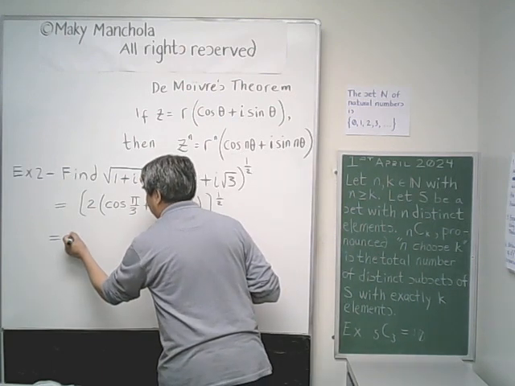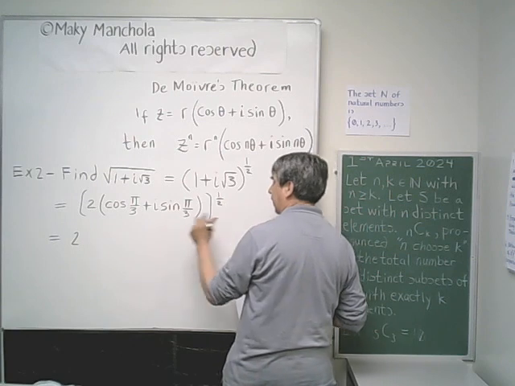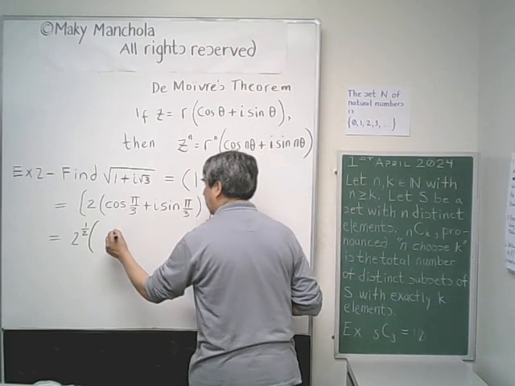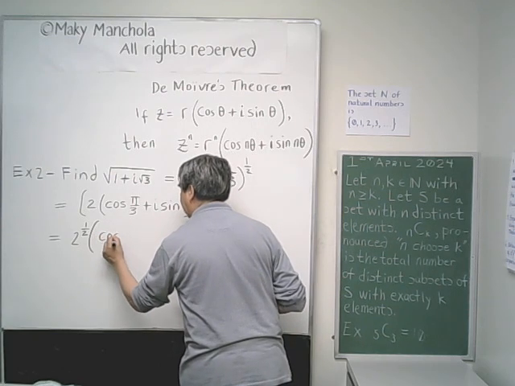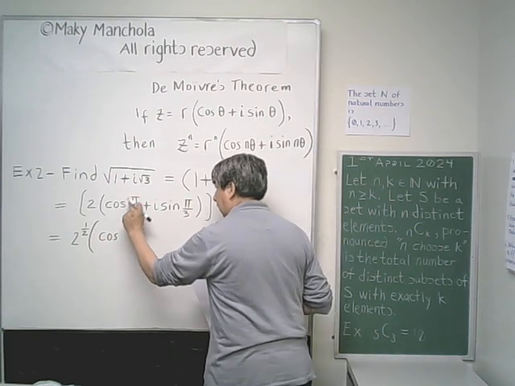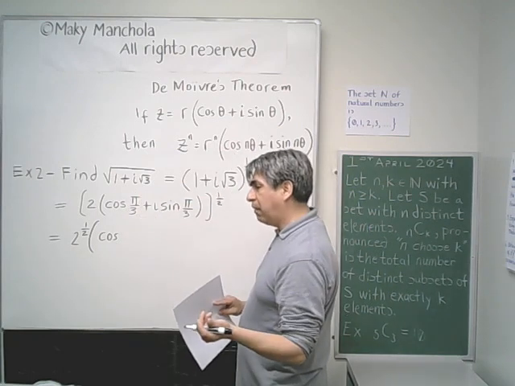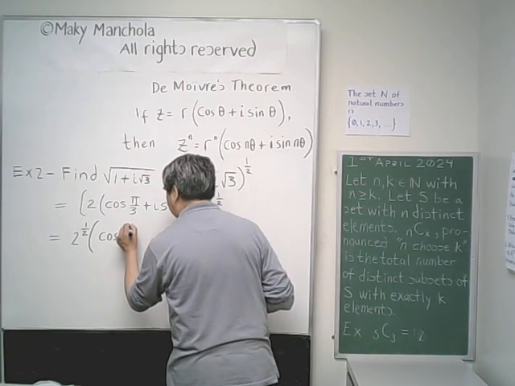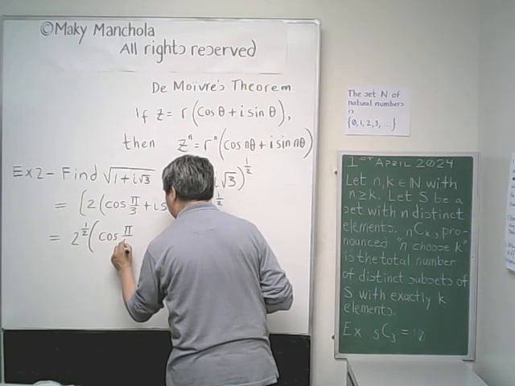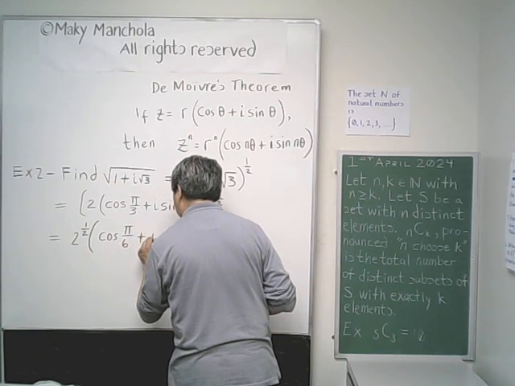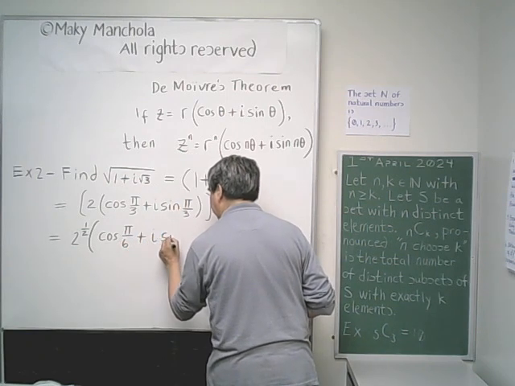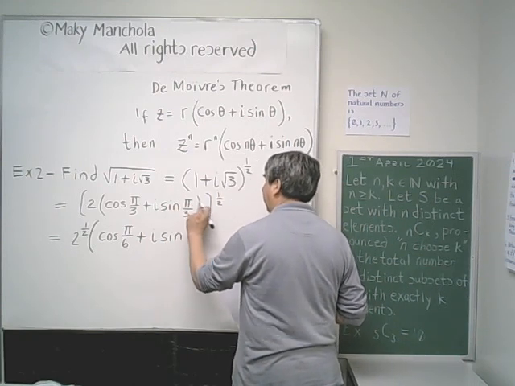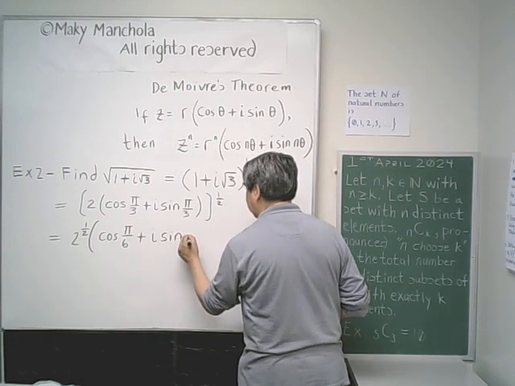I have my r is 2, my n is 1/2, then cosine of n theta, so 1/2 times pi over 3, which is the same as pi over 6. Plus i sine of the same thing, pi over 6.